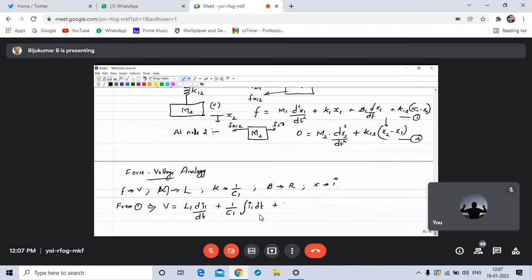That is nothing but R1 into I1, right? Plus K12, sorry, here not x, it is velocity, right?